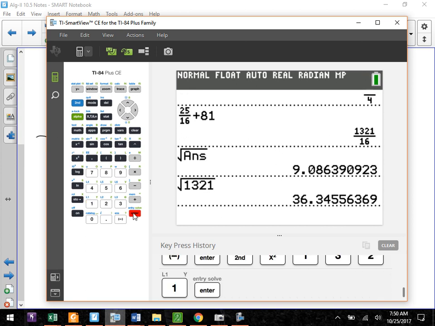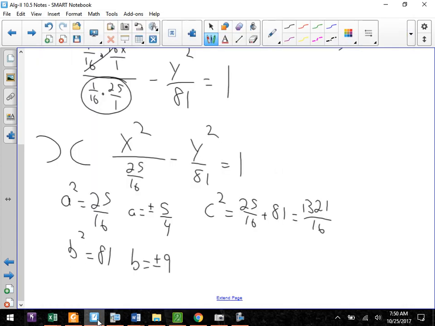So we know that our C value is 9.09-ish. It's very, it's ish.